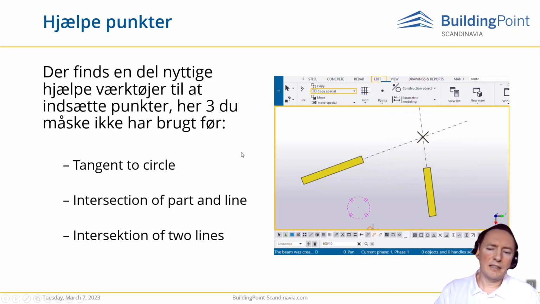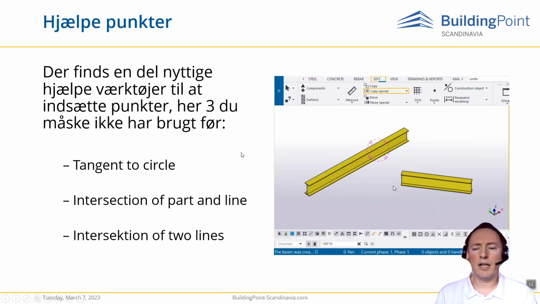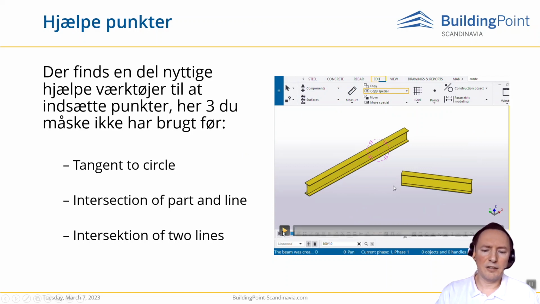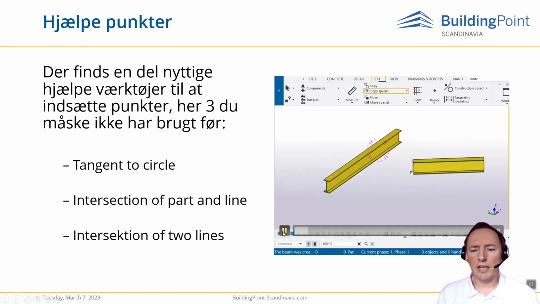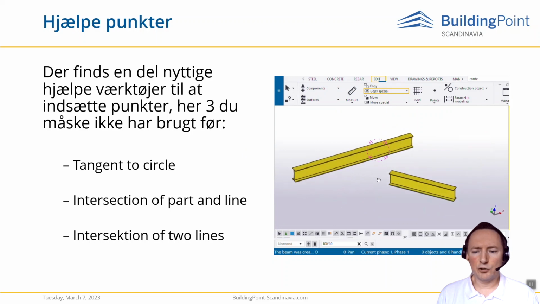It can also be that these 2 parts that you are trying to find a section between is not outside in the model, but more like one of the beams are going directly into the other beams, so it hits the beam. Let's see here how that works. So here I again want to pick my 2 lines.